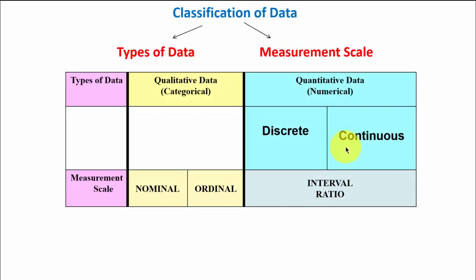So moving ahead with classification of data, types of data is one thing, and then the measurement scale. How do you measure this? This is the rather technical definition of the variable. If it's a qualitative or categorical data set, you could have two types: nominal scale or ordinal scale. I will give you an example. Let's say ordinal scale.